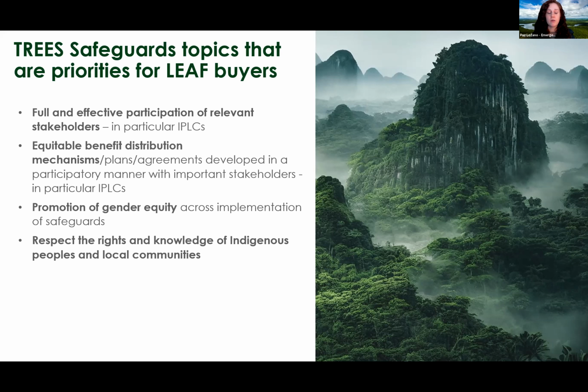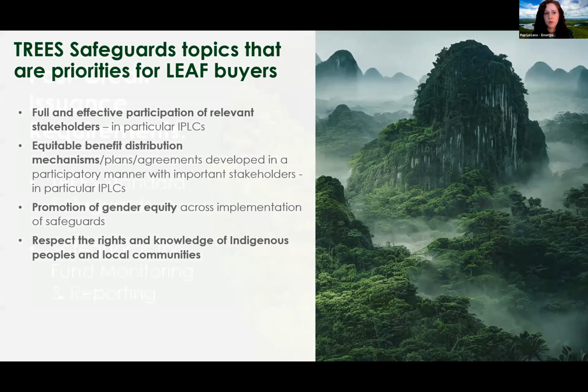And finally, we also are really interested in ensuring that the rights and knowledge of Indigenous people and local communities are respected. And these are all things that the ART TREES standard effectively guarantees through their processes. So this is a particular reason why buyers are really supportive of ART and the TREES standard.